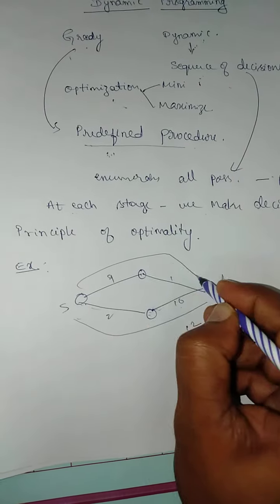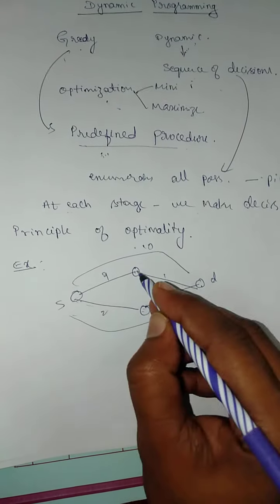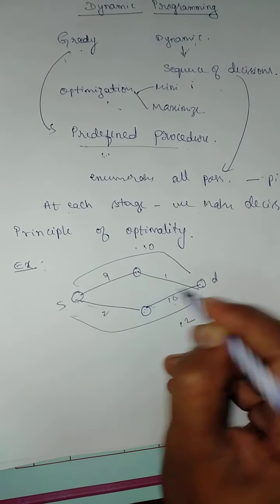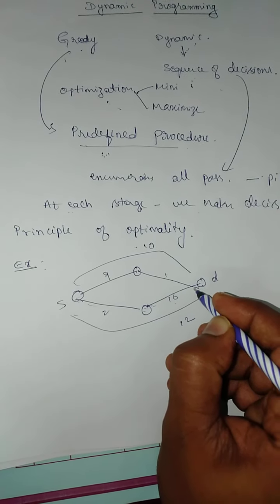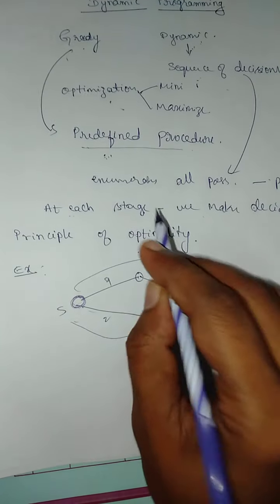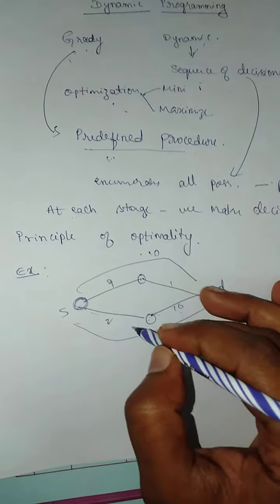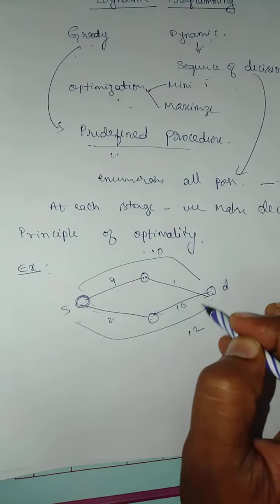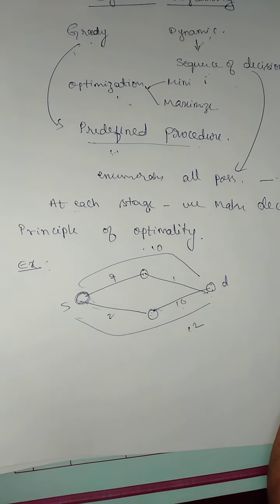In this other case it is 9 plus 1, which is 10. So this path is the minimum cost path from source to destination. Therefore, the decision that we take at any node should not be as per the local condition. It should consider the global situation and then we should proceed.